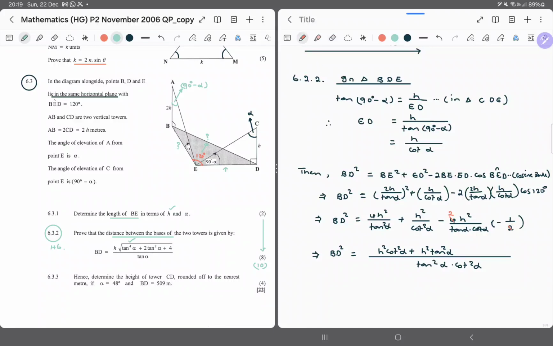So this becomes our LCM. So this remains 4. This remains 1. And then we get here. So this sign changes to a plus. So here, this one is taken in half. So we're going to have h squared tan alpha cot alpha.